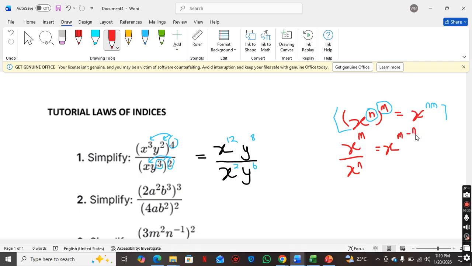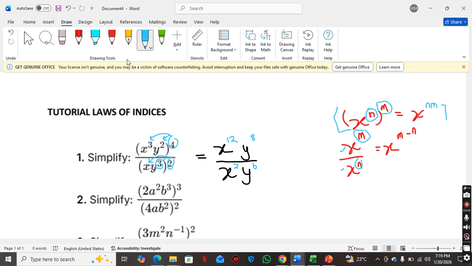If you are dividing two similar bases, in this case the base is this letter, we have an x here and x, you're just going to subtract the indices, you subtract this index with this index.